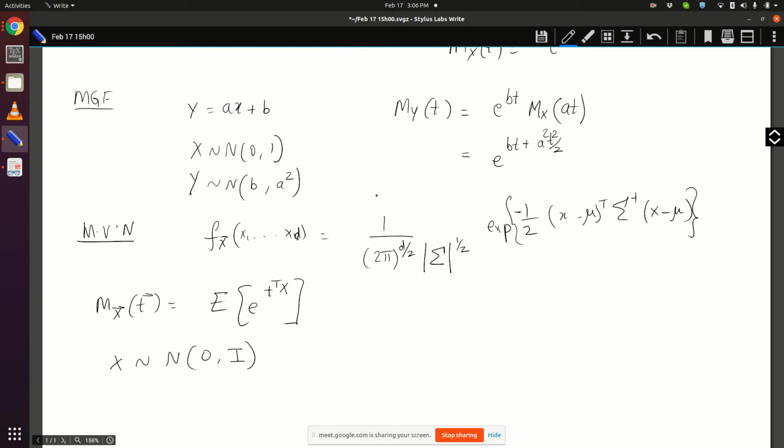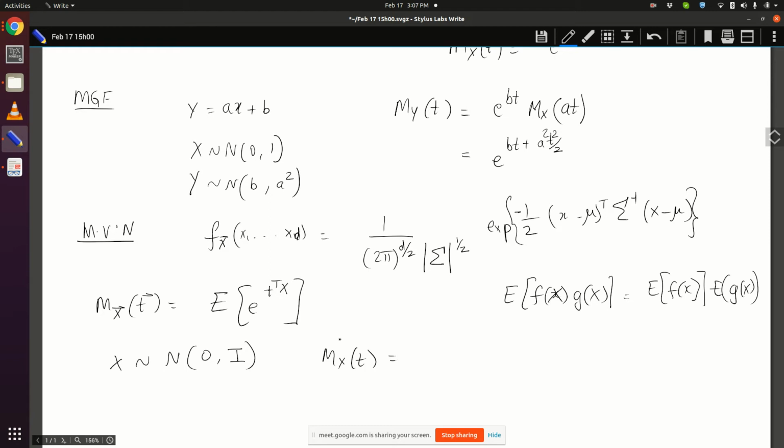Then M_x(t) involves t1 x1 plus t2 x2 and so on, since t transpose x is t1 x1 plus t2 x2 and so on. Each of them is independent. When they are independent, if you remember, the expectation of f(x) g(x) becomes the expectation of f(x) times the expectation of g(x).